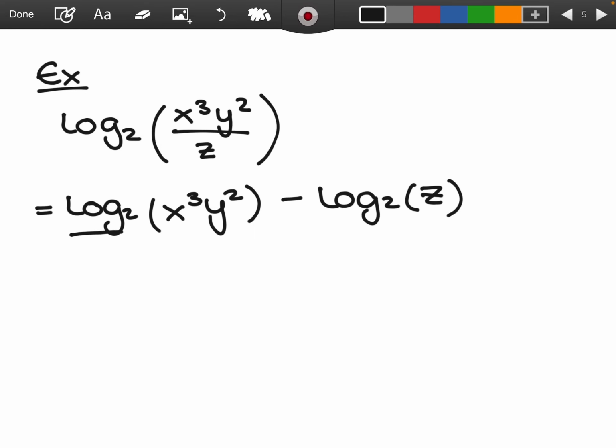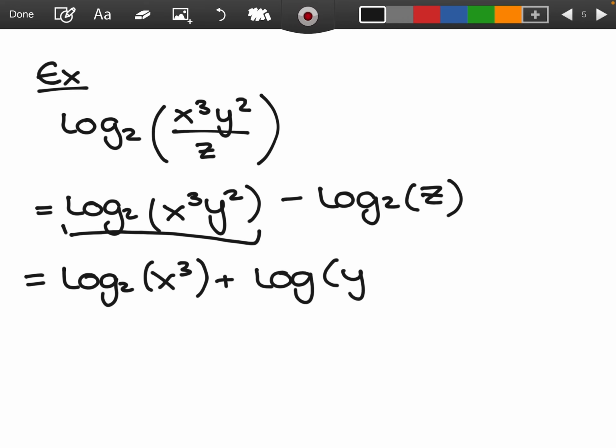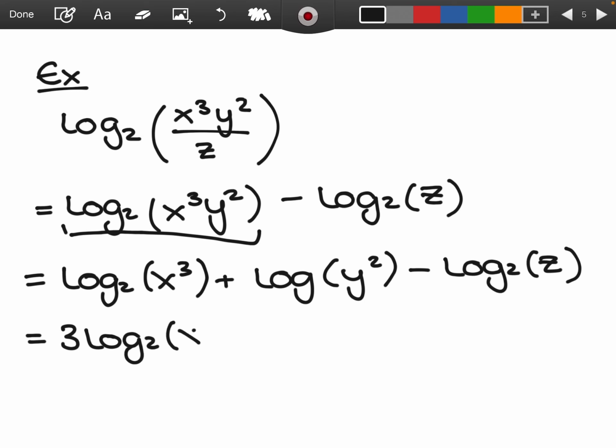Now this first term here, I can expand out as the sum of 2 different logarithms base 2. And finally, I can use that exponent to constant property, and I can bring down those exponents to be coefficients of my logs.